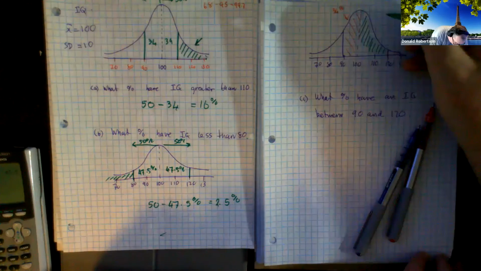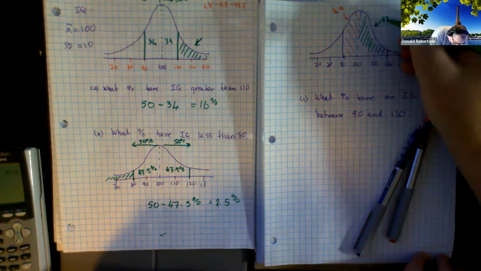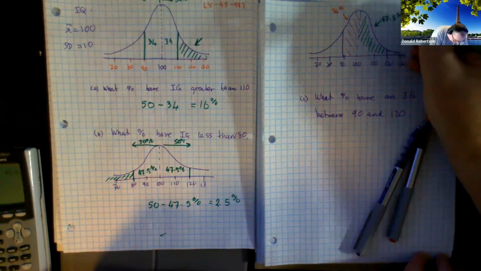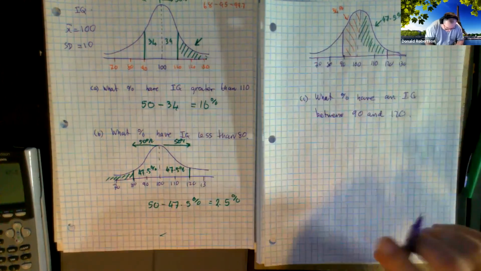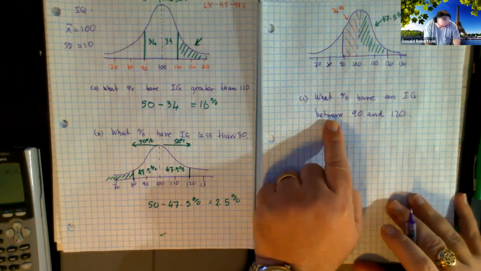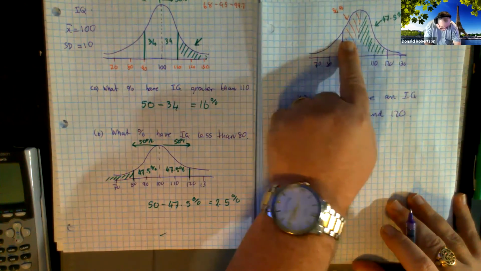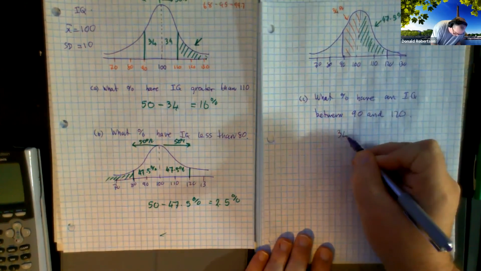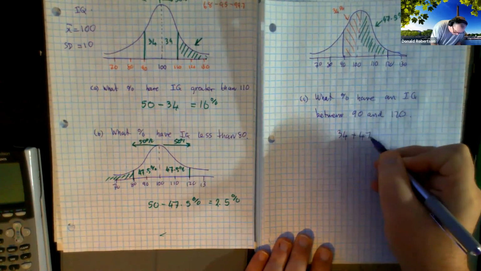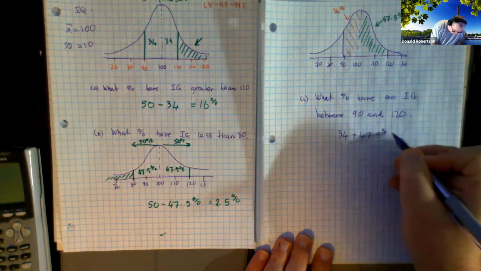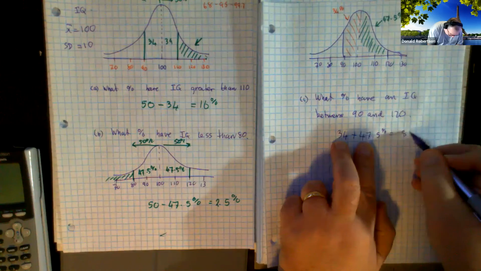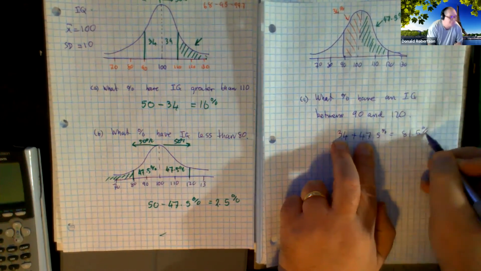And that is what this piece is. And so if you want to get what percentage of IQs are between 90 and 120, don't you add 34 to this guy? So do you see in this last situation, you tackle it a little bit differently. So that's 81.5%.